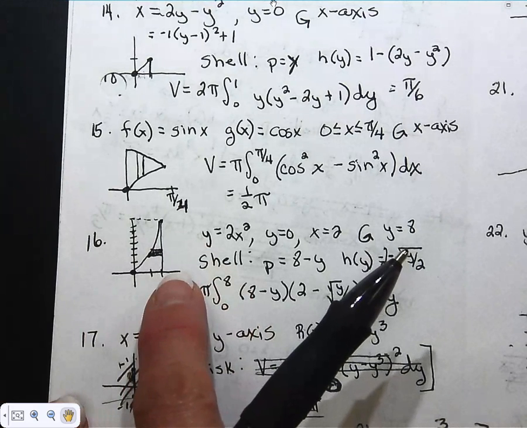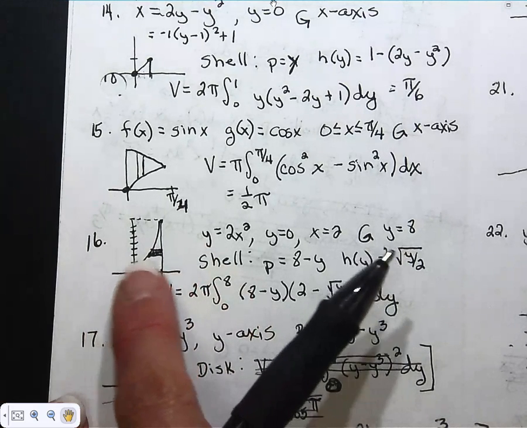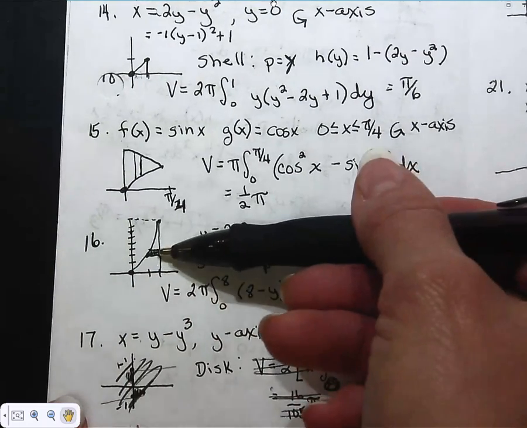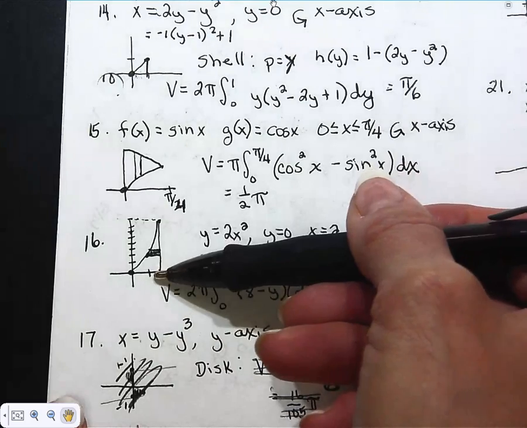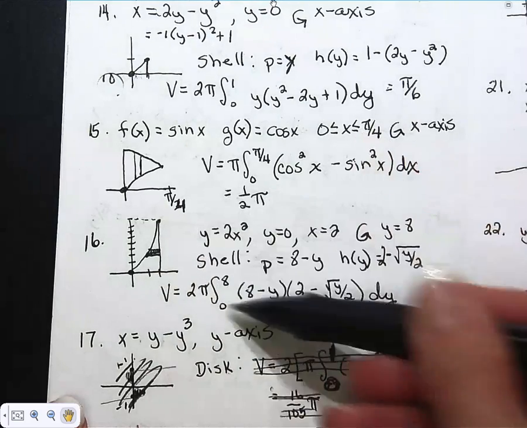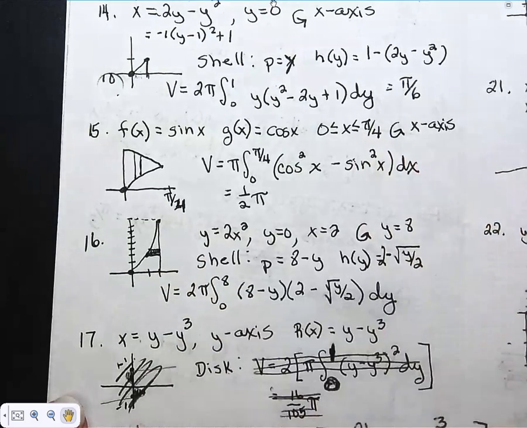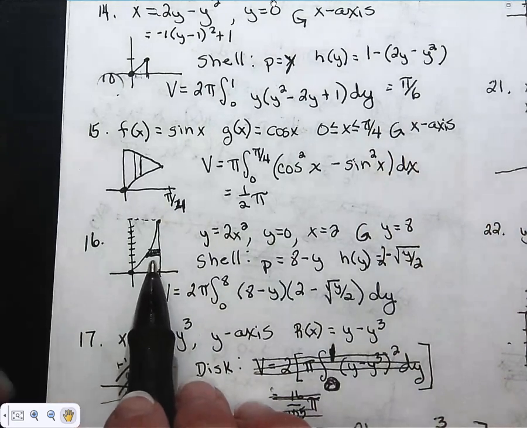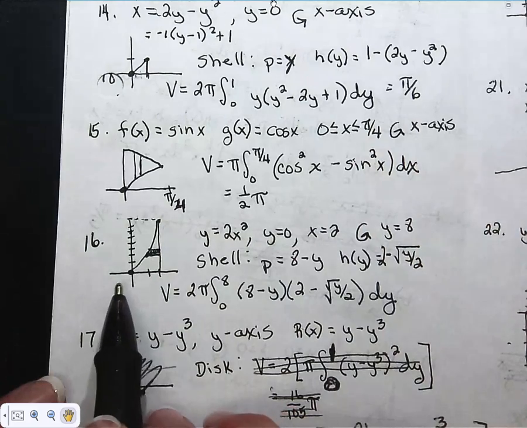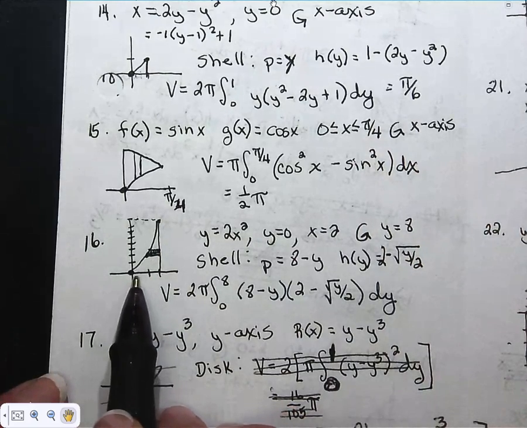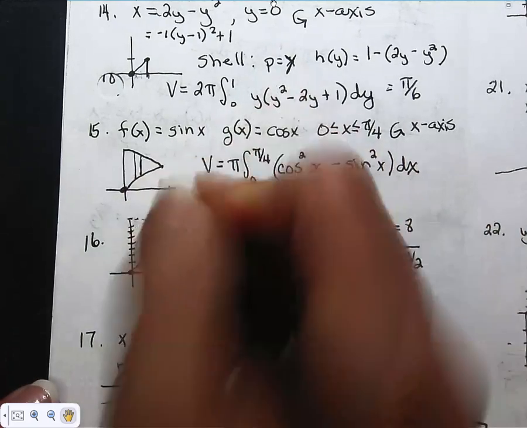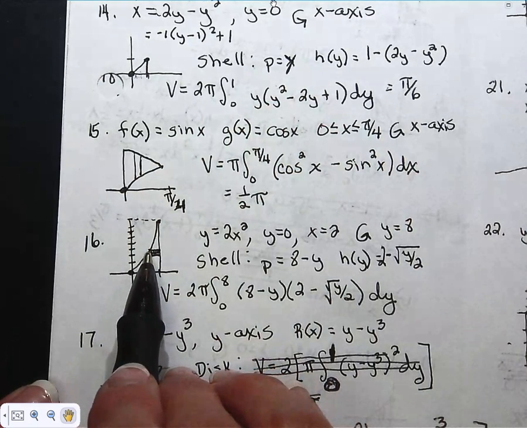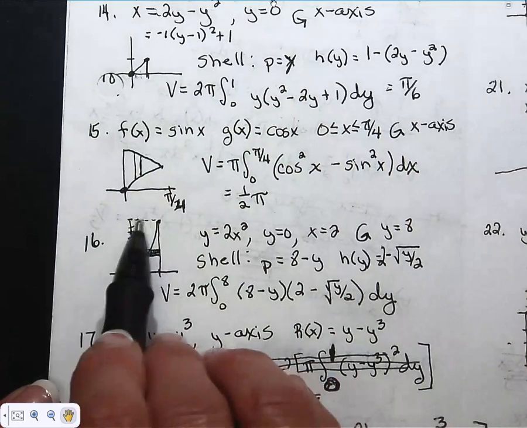So when you're using horizontal rectangles, your rectangle slides from 0 up to 8, and that's your bounds of integration. P is the distance between the center of a rectangle and the axis of revolution.